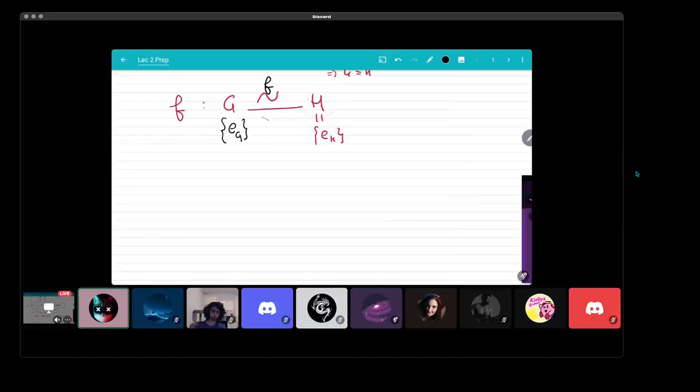But actually, that's a really good question, because how do we know that there exists a subgroup of H? So the proof goes as follows.